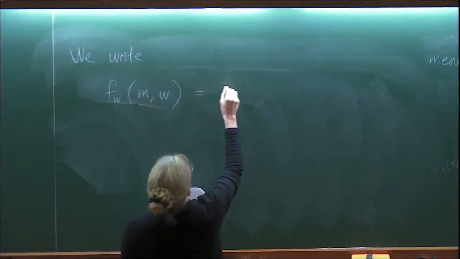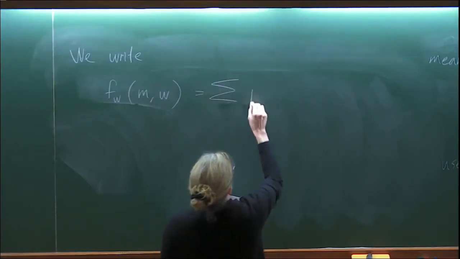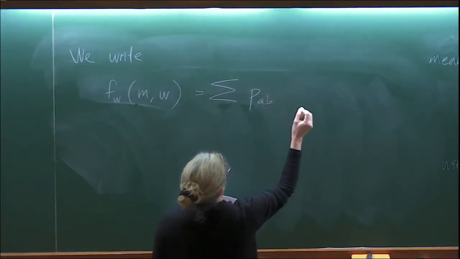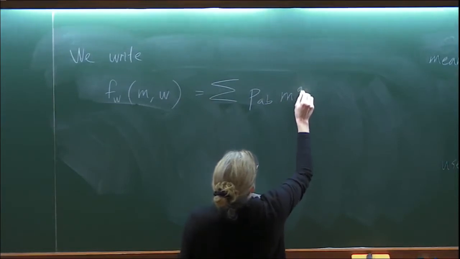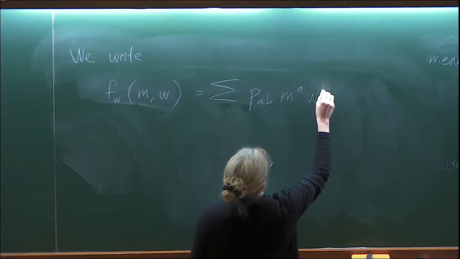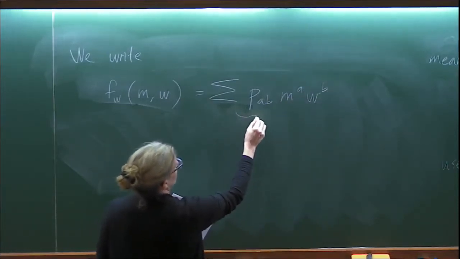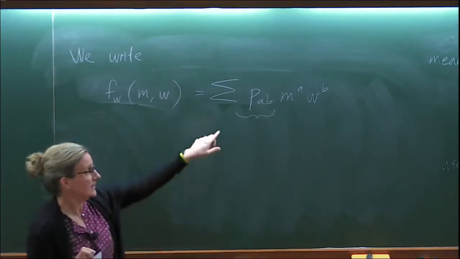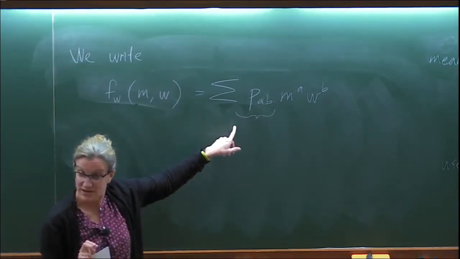And it's going to be the sum of p_AB m to the A, W to the B. And this p_AB, you can kind of figure out what it's going to have to be, right?